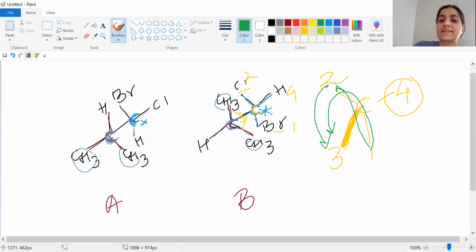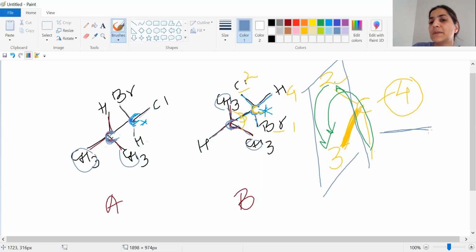If the face of the structure is there, this can be considered as the back portion.